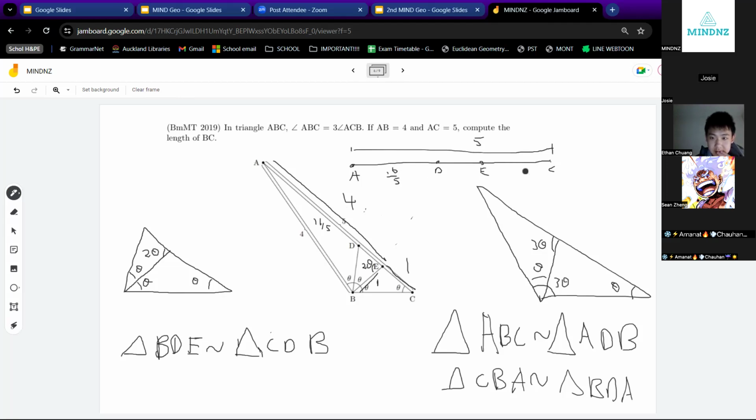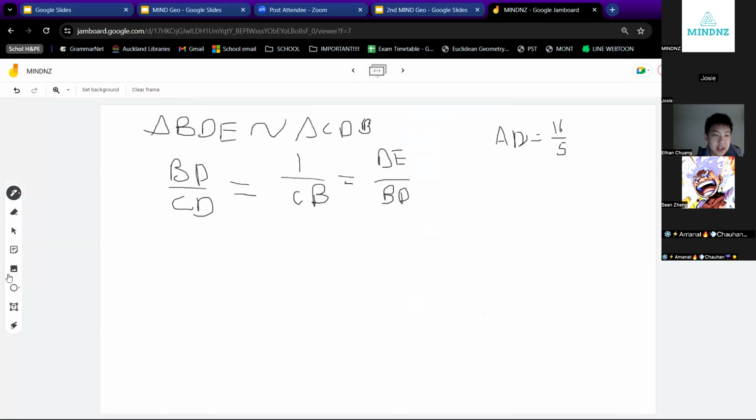And we know that CE equals 1, and we know that AE equals 4. So you can actually find DE and CD. So try finish off the question from here. Calculate CD and DE and then solve to find BC. And then someone tell me the answer because I actually don't know what the answer is.